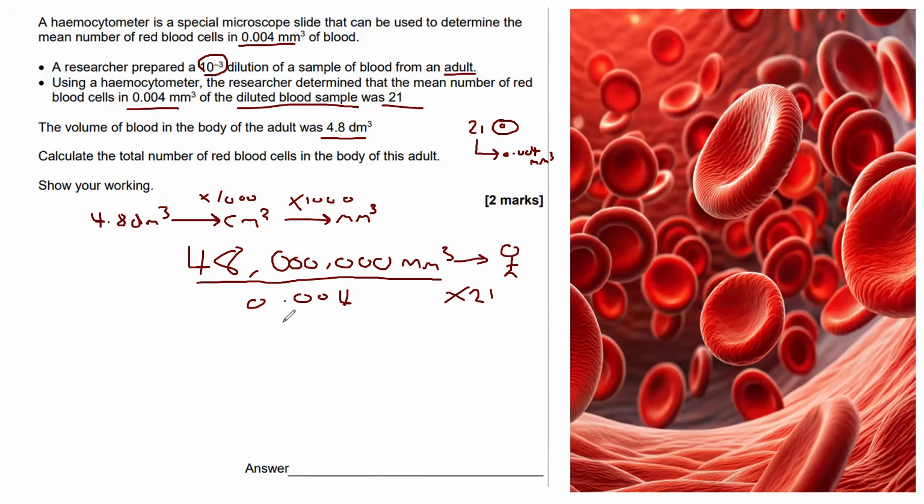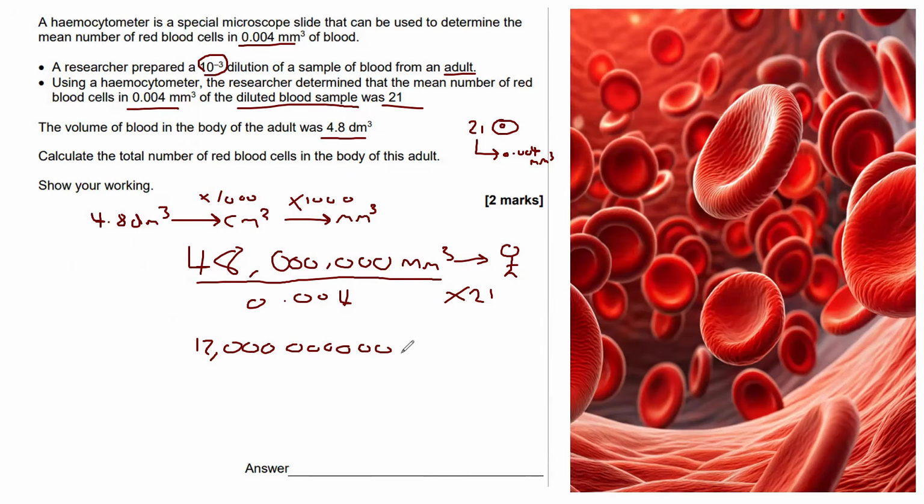I want to find out how many 0.004s are in 48 million. So I'm going to do 48 million divided by 0.004. That gives me 12 billion. There are 12 billion samples of 0.004 in 48 million. So we've got 12 billion of those.